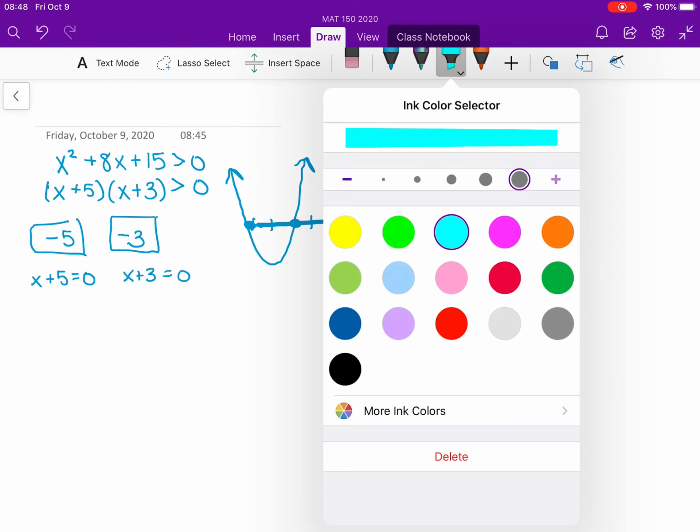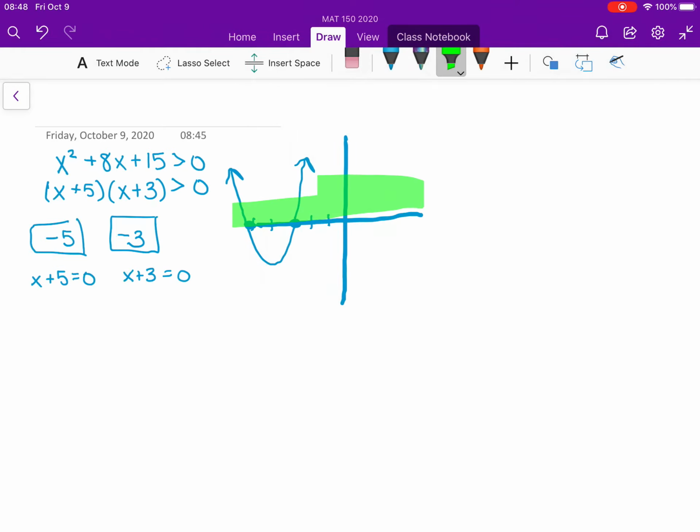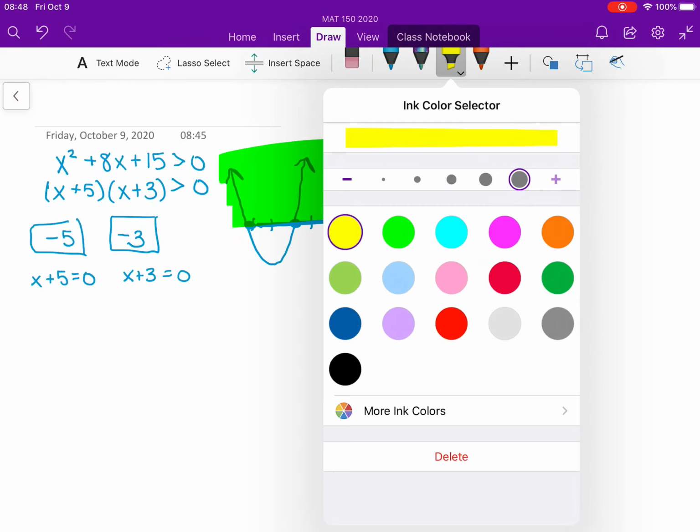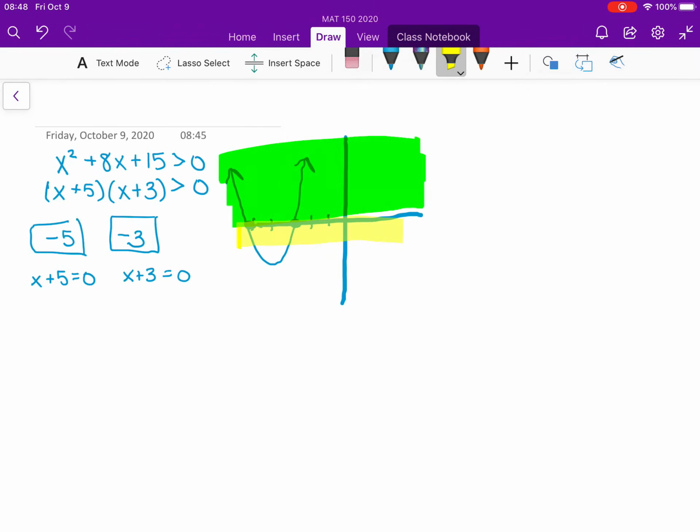So here's what I know. I know that everything above the x-axis is positive. Okay? I know that everything below the x-axis is negative. So positive, negative. How does that help me?